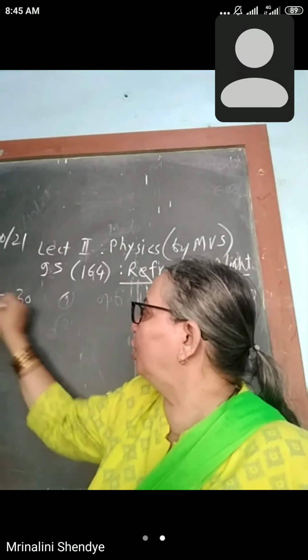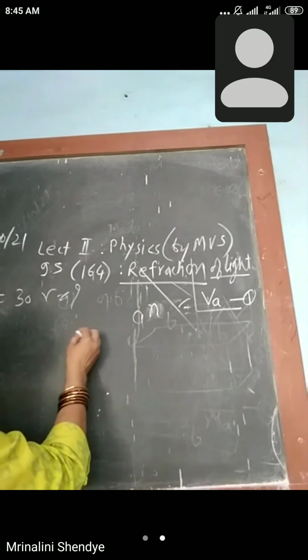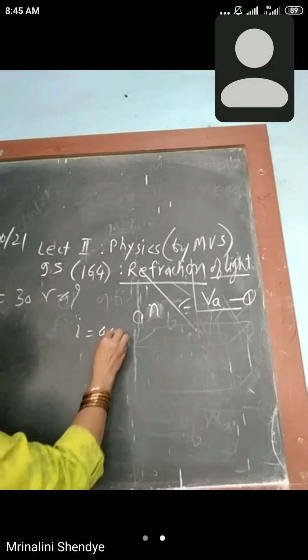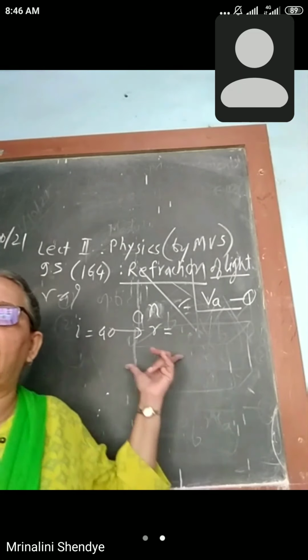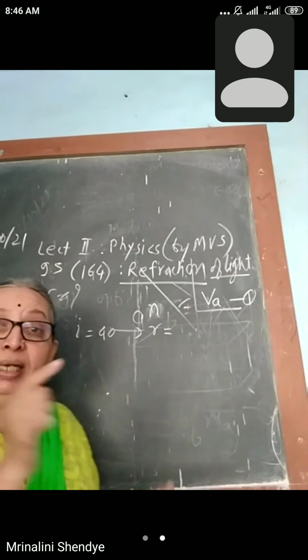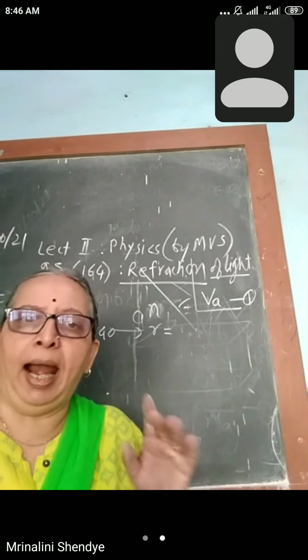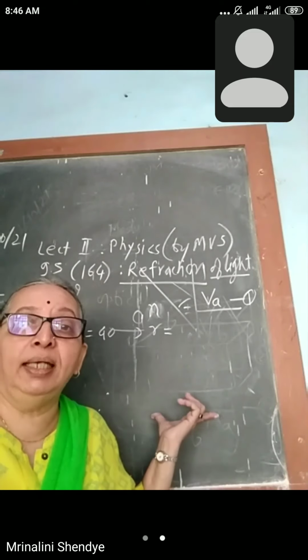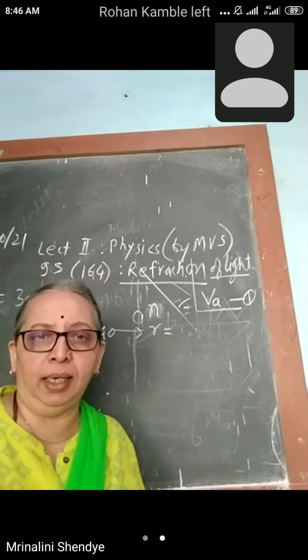Find its corresponding value of R. Suppose I is 40. Find the value of its corresponding R. And then take the ratio sine I upon sine R in each and every case. It is calculated and always remains constant for a given pair of optical media.